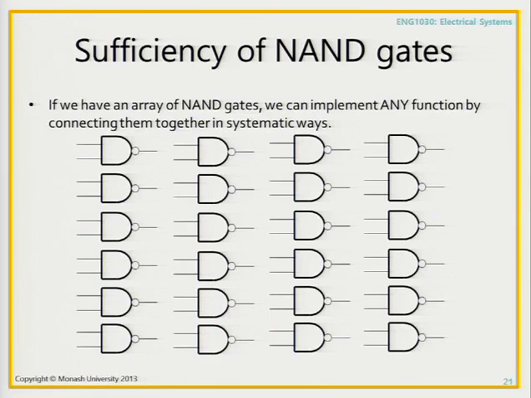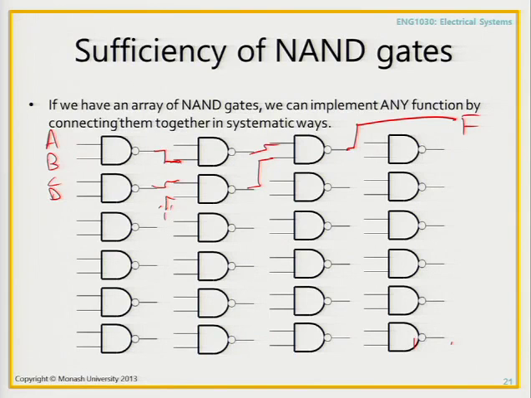So let's say you wanted to construct a function here. You might put A into here. You might put B into here. And then you can construct pretty much any logic function using different combinations of inputs. So you might have C and D here, and then these two inputs might go into something like this. And you might get some sort of function out here.